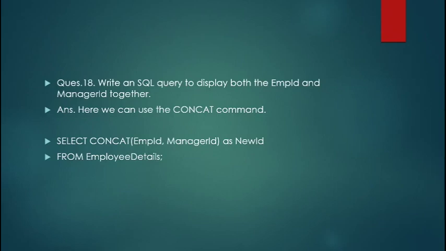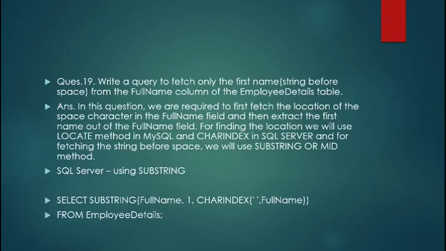So you have to use the concat command to concat both employee ID and the manager ID. Select concat employee ID comma manager ID as new ID, or you can say empman ID, from employee details table. Using the concat command, you can concatenate any number of columns. Here I have concatenated only two columns, but if I want 2 or 3 or n number of columns, I can do that using the concat command.